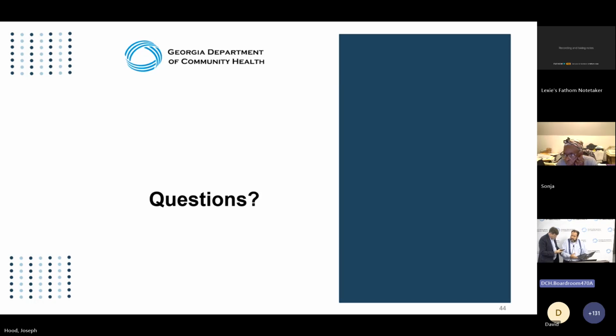The next question we have is how many PACE organizations will be approved per region? So I can help with that. We anticipate that of the regions presented, we would have one per region, except for the East Point College Park region. We anticipate there is enough volume there to initially award 2.